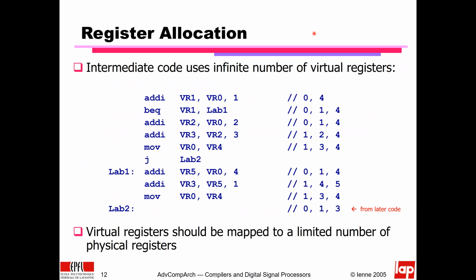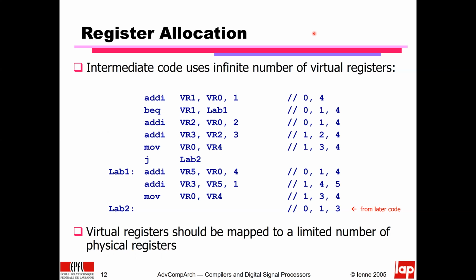The third problem typically faced by a compiler is to decide where to place the different intermediate values in the computation, and specifically in which registers to put them. Typically, the internal representation of the compiler has some form of virtual registers.